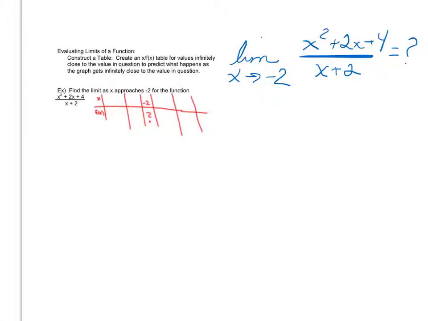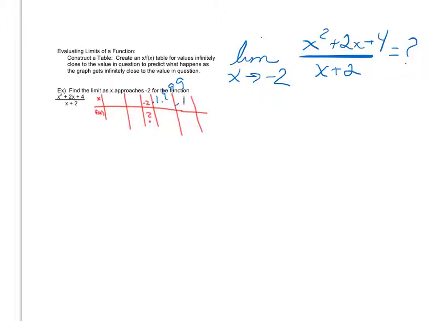So I'm going to pick some values that are really close to -2. Over here I'll pick values that are close to -2 but bigger than it, and over here I'll pick values for x that are close to -2 but smaller than it. So let's say here I do -1.999. That's really close to -2, but just a little bit bigger.